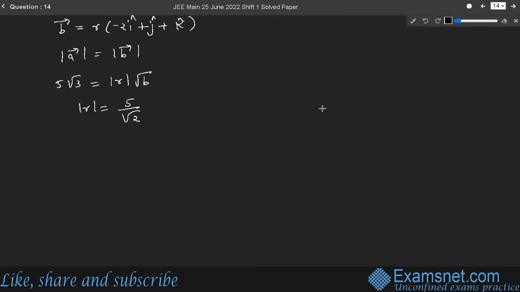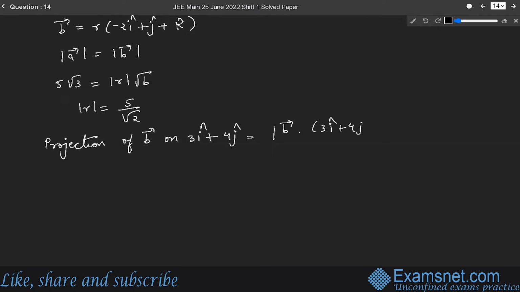Now, this is the value of modulus of r. Therefore, projection of b vector on 3i plus 4j will be equal to b vector dot product (3i plus 4j) divided by under root of 3 square plus 4 square.